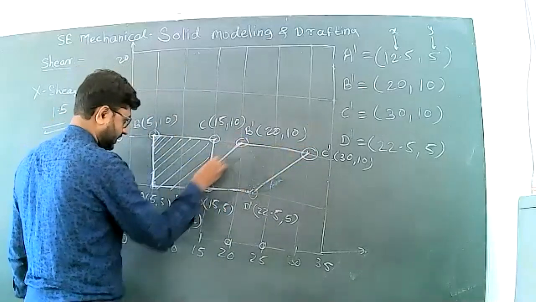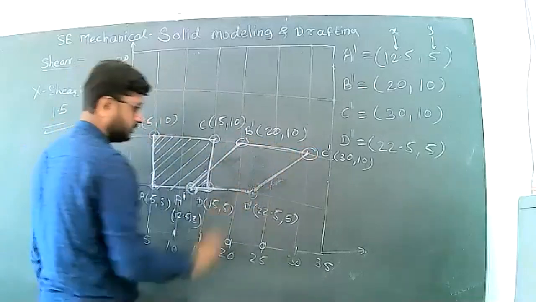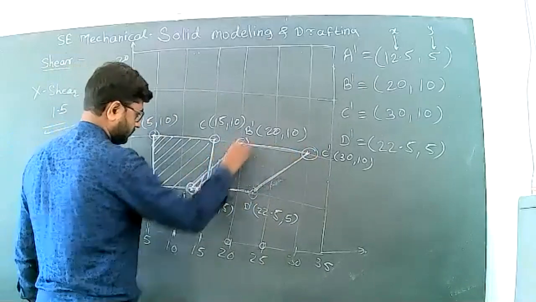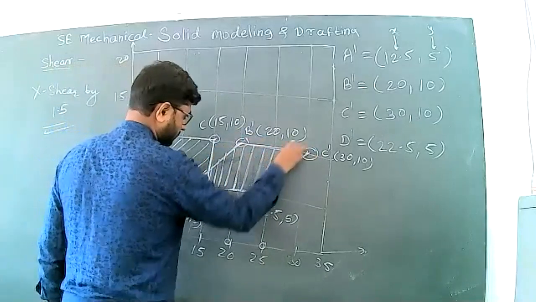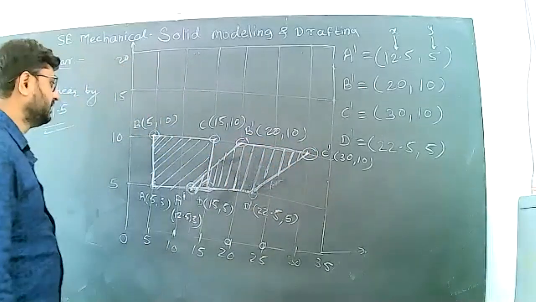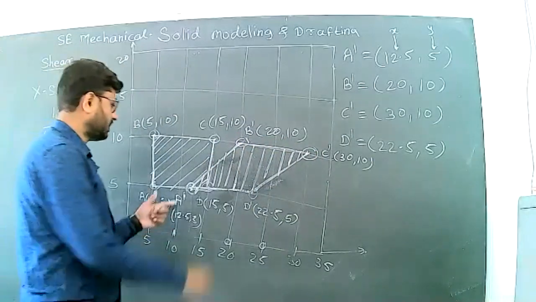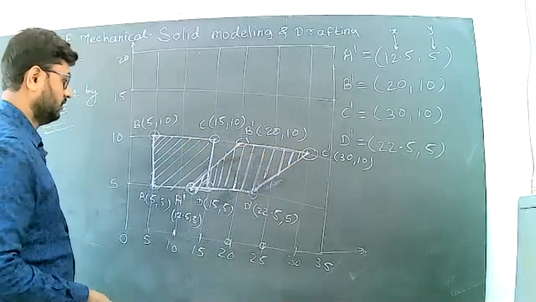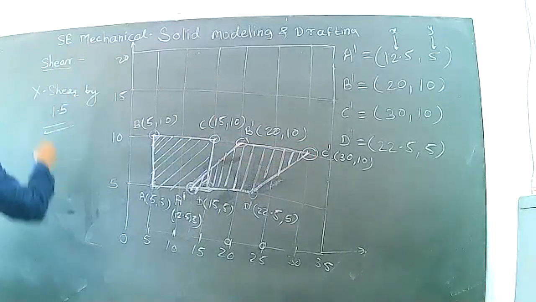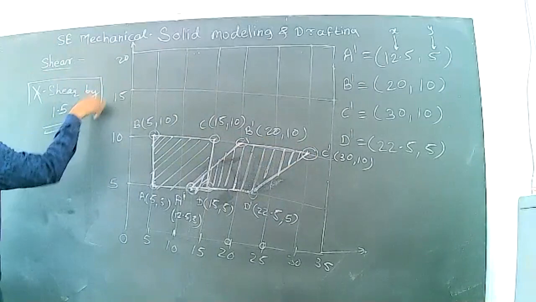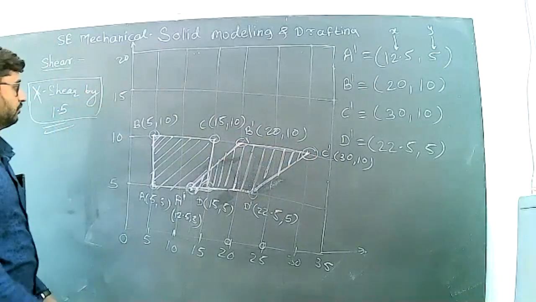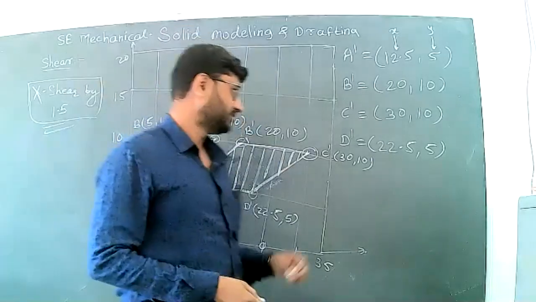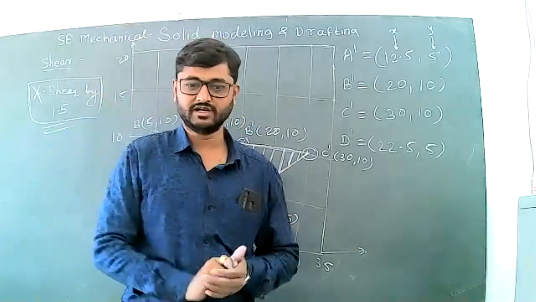So this rectangle is nothing but our transformed rectangle. This numerical, simple example is based on shear in x by an amount 1.5. So students, this one is the simple example of shear.